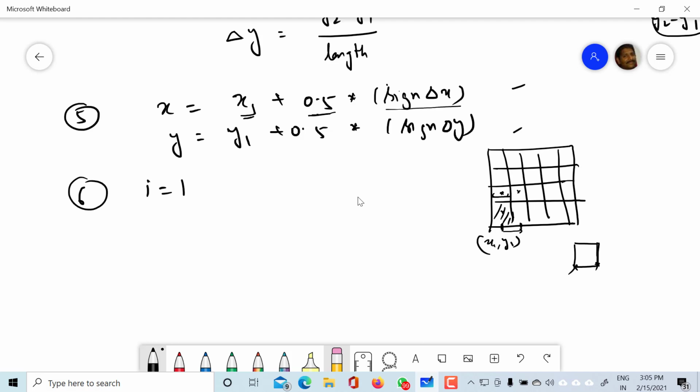By using the same logic you can calculate the value of y here, because if you know the value of x by using the upper formula, that means these two formulas, you can calculate the value of y. And if you have calculated the value of y, you can directly put that value of y into this equation. This is the previous y, and you can get the next y here. This is the main logic behind it.